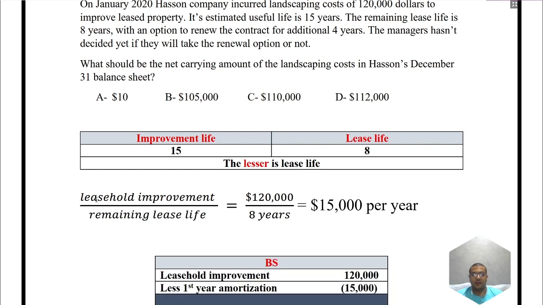So $120,000 divided by 8 years will give you $15,000 per year. Each year I'm going to amortize that amount from the leasehold improvement.